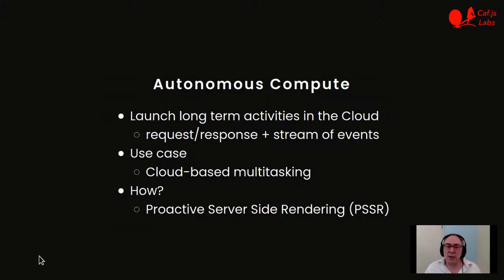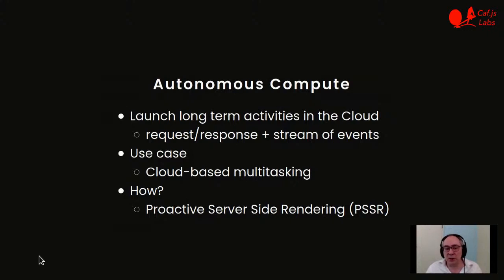With cloud-based multitasking, you can launch a background task in the cloud and make it look as if it were running locally in your phone. The trick to fool the users into believing that something is running locally in your phone is to be able to context switch in a very smooth and quick manner, always showing progress between all these activities.